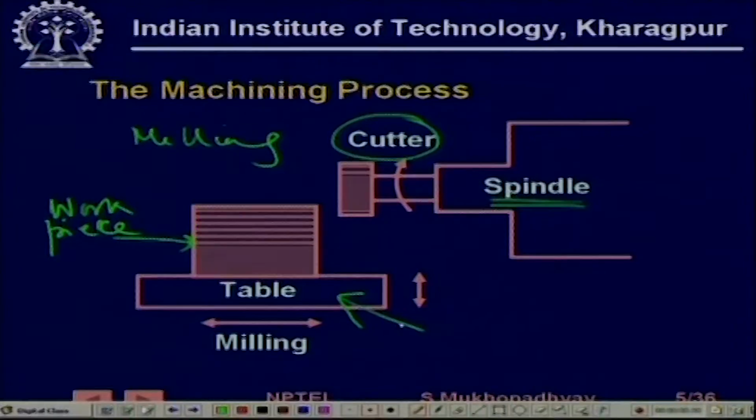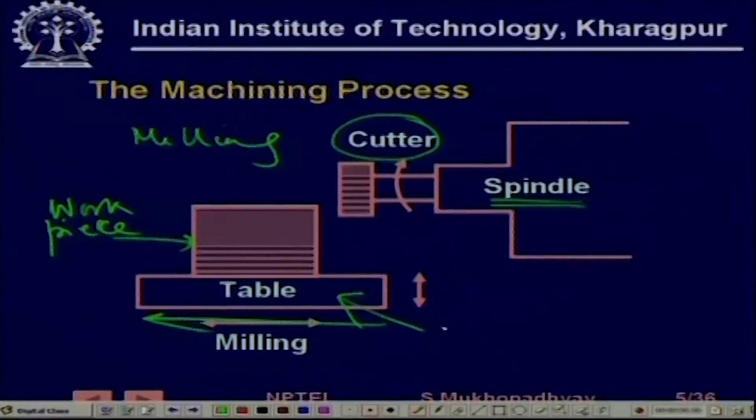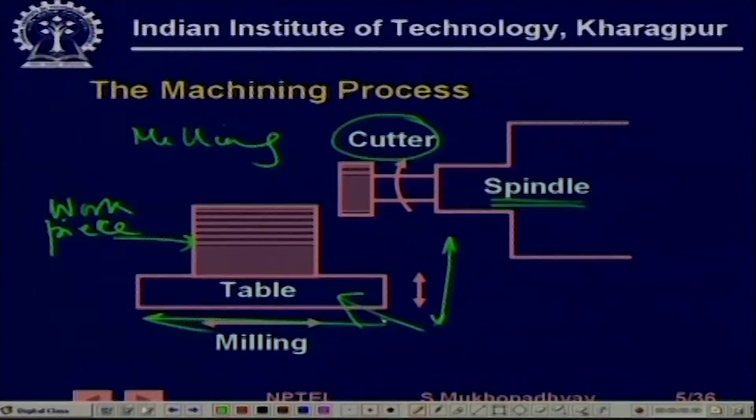It can move this way, that way, and the table can move this way, that way also. So, you can create 2-dimensional motion and the cutter is rotating and steady in one location. So, you see, compared to turning, where the workpiece was rotating, here it is the tool which is rotating. So, it can happen both ways.